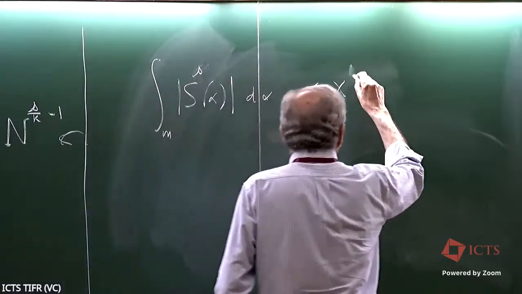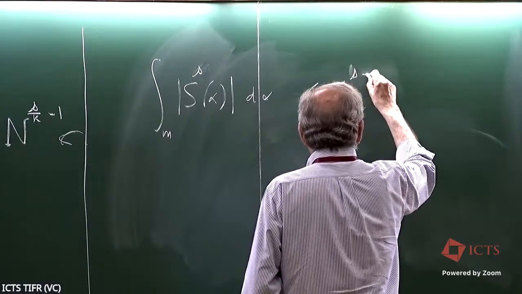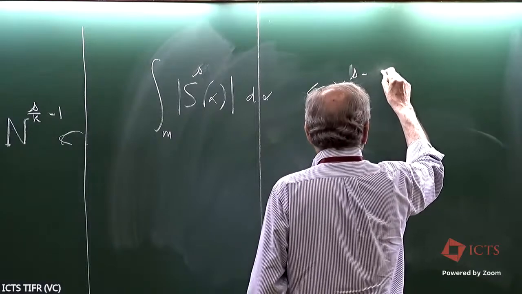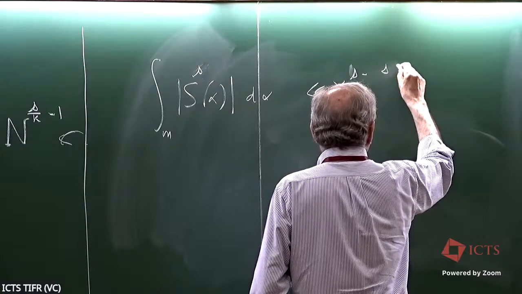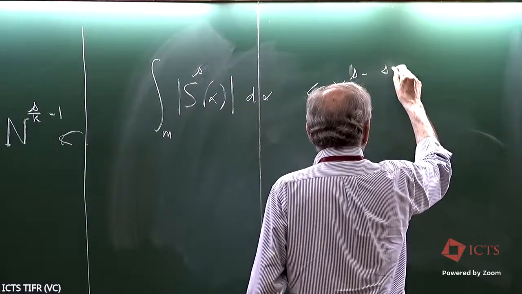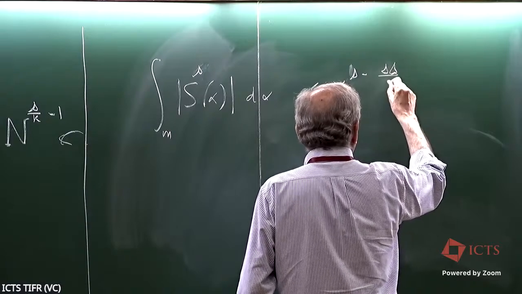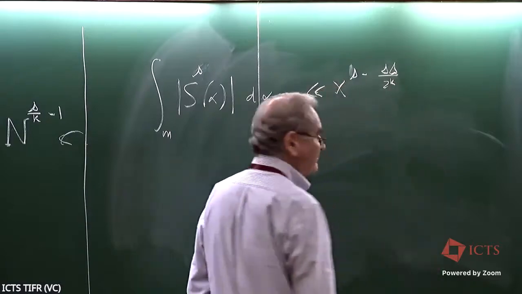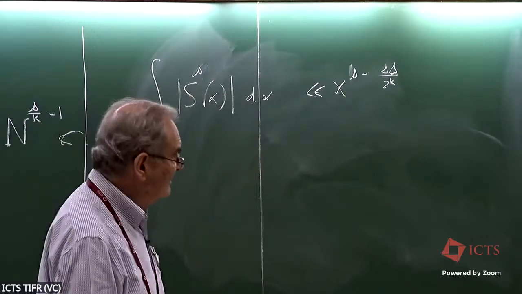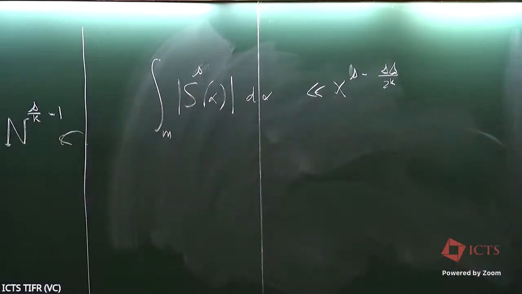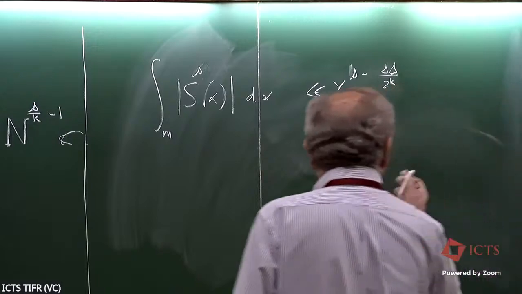I have a saving, which is s times delta over 2 to the k. Okay, so this is the saving.